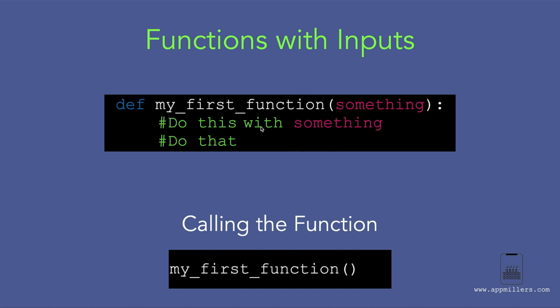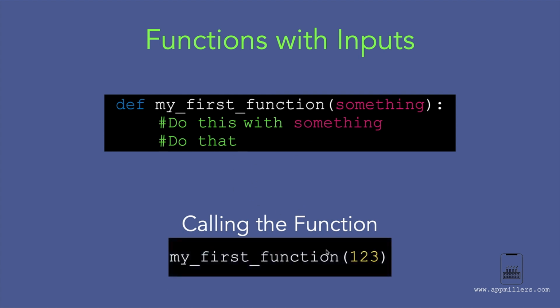And when we call our function, we have to add data inside these parentheses. So in this case, the function call will be like this. Let's say we have decided to pass 1, 2, 3. When this line of code gets triggered, the computer is going to search for where this function is declared. It's obvious that we have declared it over here. Then it's going to pass this piece of data, which is 1, 2, 3, to this variable.